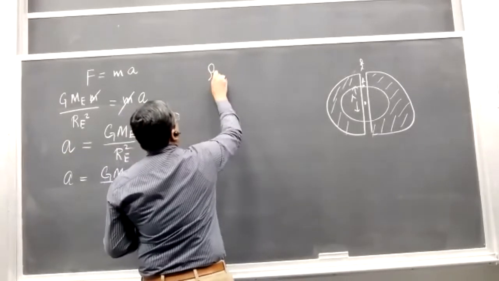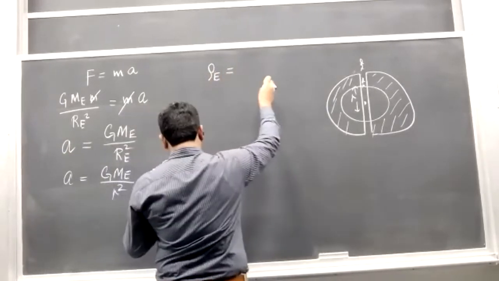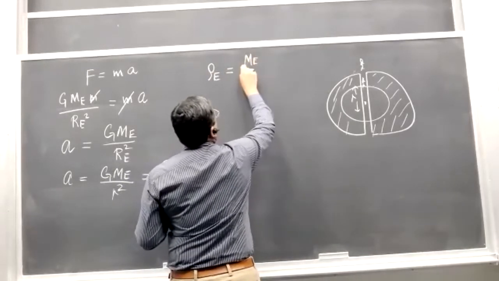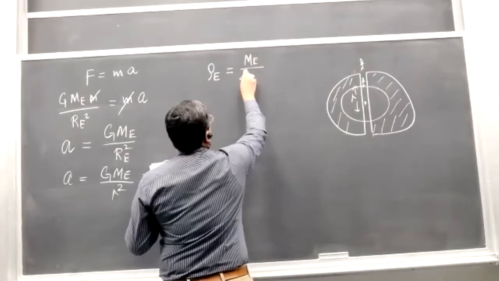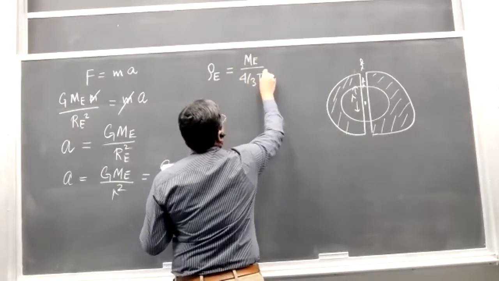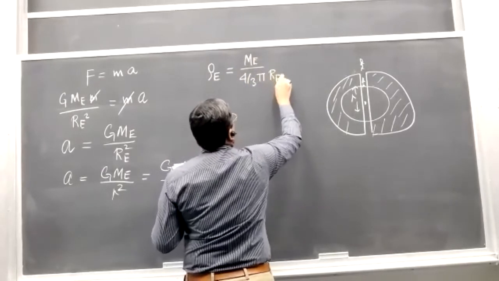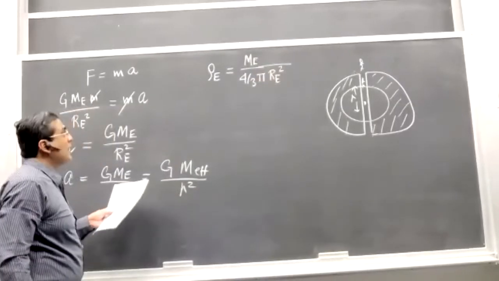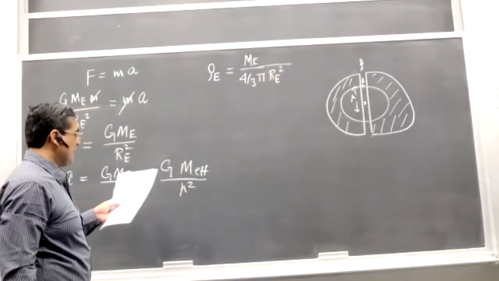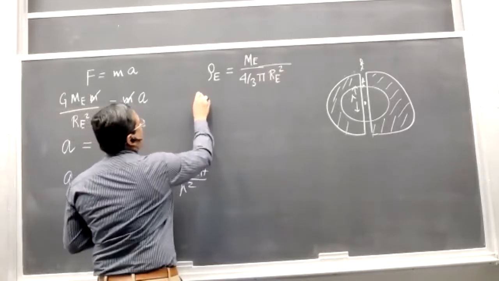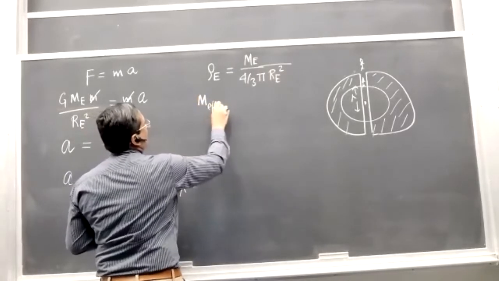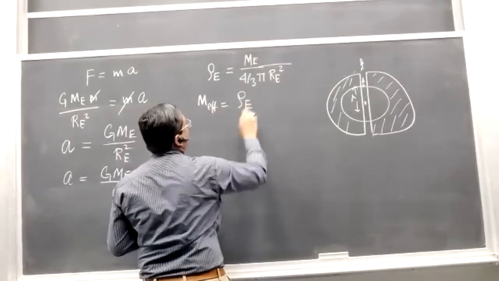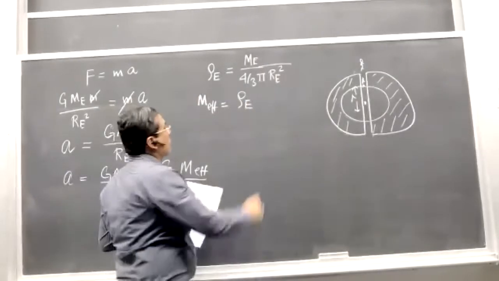So the Earth's density would be ME over 4/3 pi RE cubed. Okay, that is Earth's density. Now the effective mass would be rho E, all right, multiplied by what?